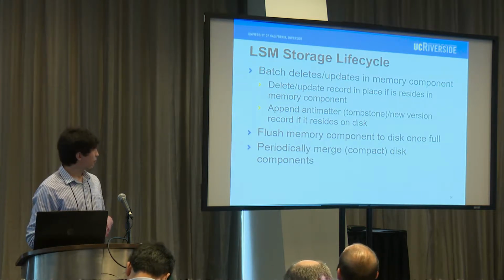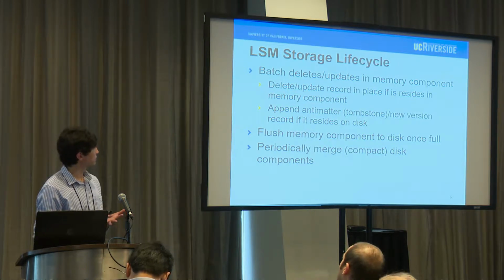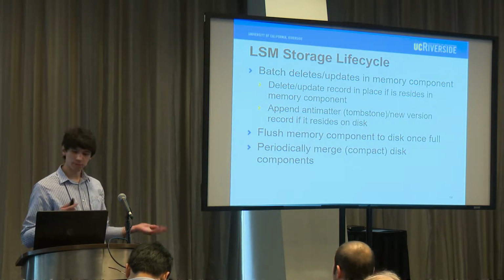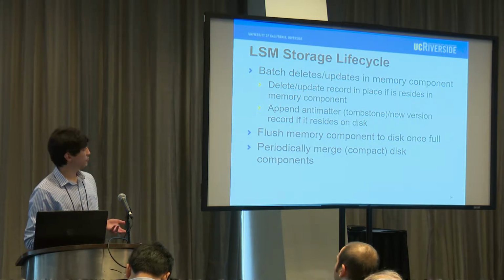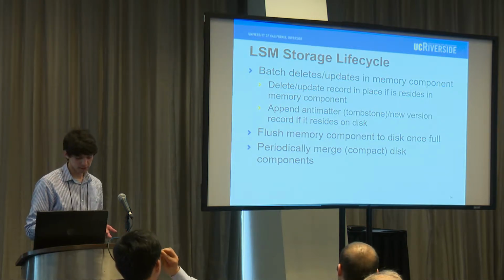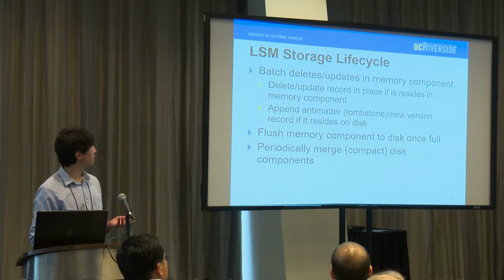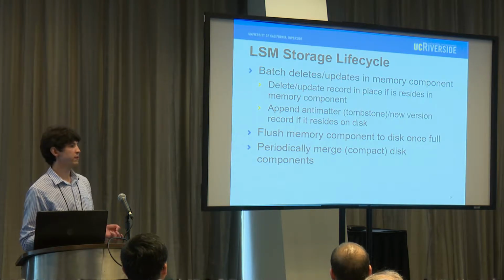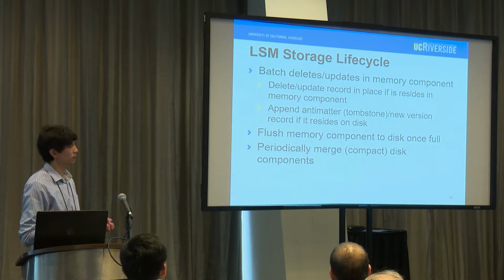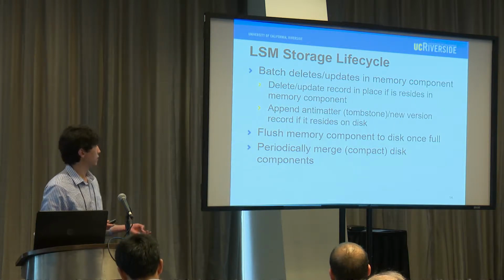So let's go back to the storage life cycle for LSM systems. I probably don't have to go into that much detail, but basically it boils down to a couple of things. First, the inserts, deletes, and updates are batched in memory components. If the records are present in those memory components, the modifications are done entirely in memory, in place.